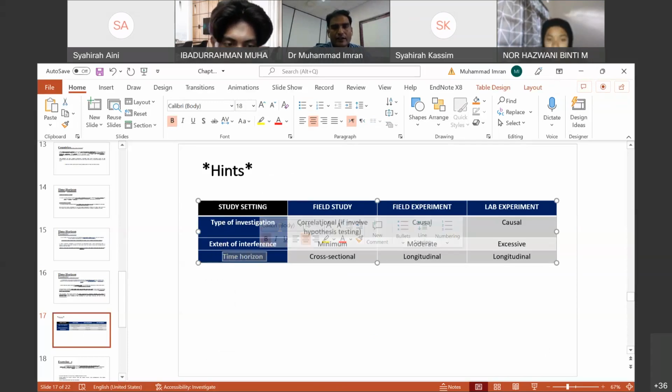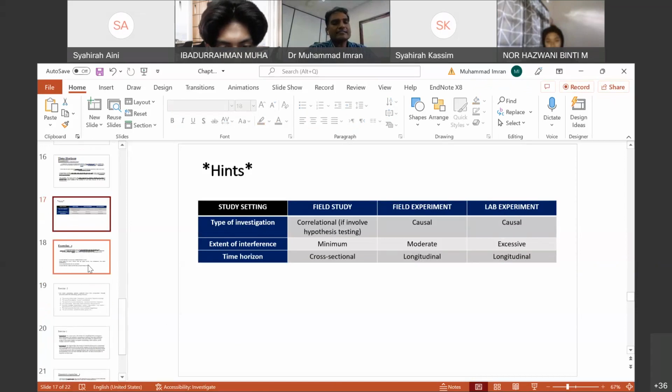With the field study, normally correlational, interference minimum, time horizon cross-sectional. The field experiment we discussed in the last lecture: the type of investigation will be causal, interference of the researcher moderate, and longitudinal, more than 1 time. And the lab experiment: causal, excessive interference, and longitudinal more than 1, 2, and 3 times also.